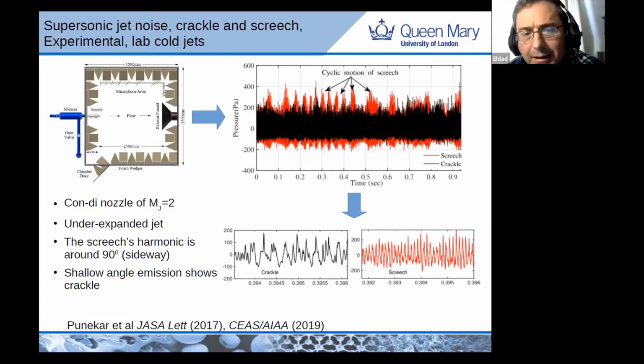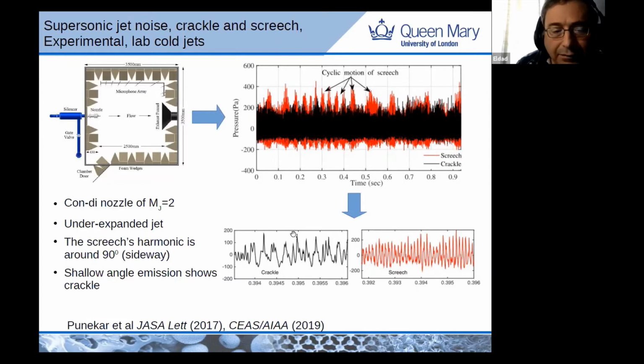So we did some analysis on the time history. And this is where we think the crackle is happening. It's not a very strong crackle, but we do have steepening here. And this is in the far field, not in the near field. So we decomposed the two signals. We have discrete tones in the sideway, and the crackle is around 40 degrees around here, in the far field.